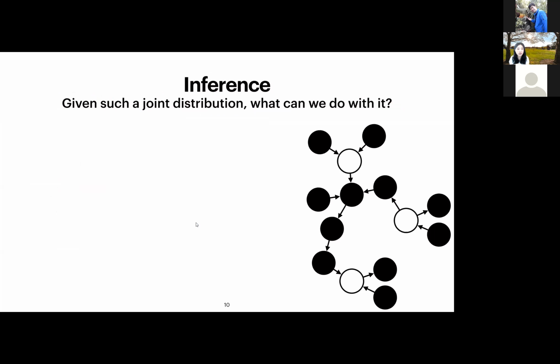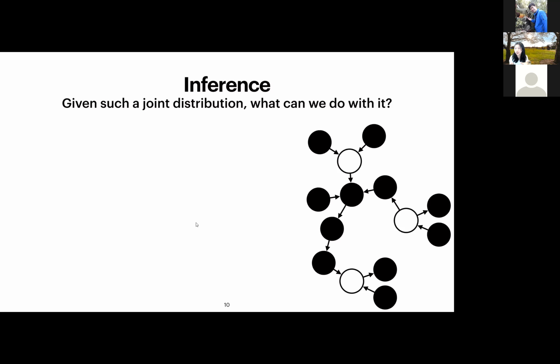Inference is basically trying to address the following question: given such a joint distribution, what can we do with it? When I think about unsupervised learning, I generally think the foundational question is really to estimate the underlying joint distribution where your data is coming from.